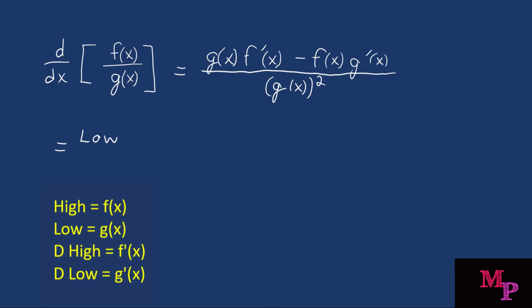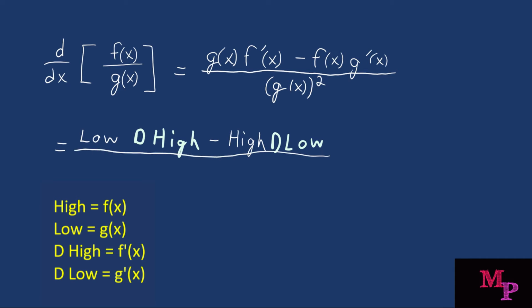Low d high, minus high d low, over the square of what's below. And now that we stated the rules for the quotient rule, let's go ahead and work out a problem.